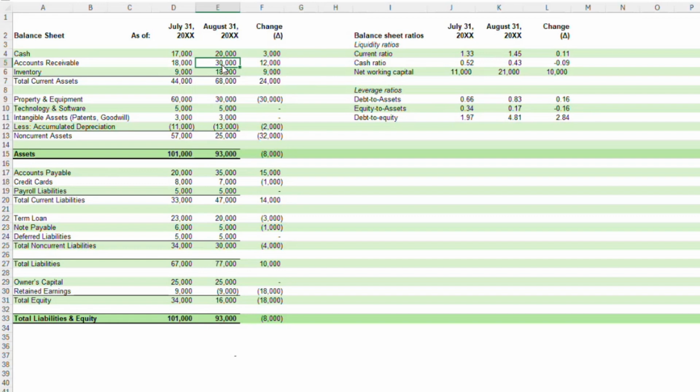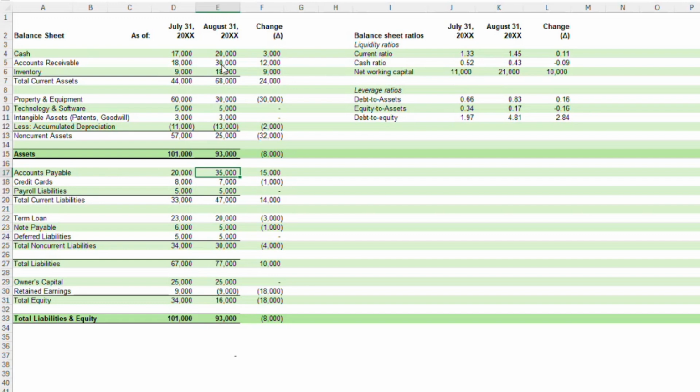Another example is payables. So let's look at payables. Here we've got an increase in our payables by $15,000 relative to July, and that is a problem as well, because now I'm starting to wonder, do we have enough cash to pay?